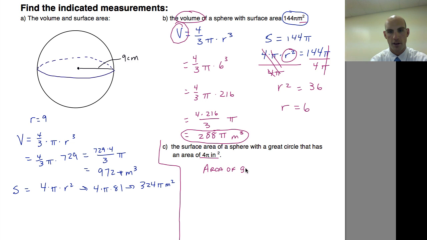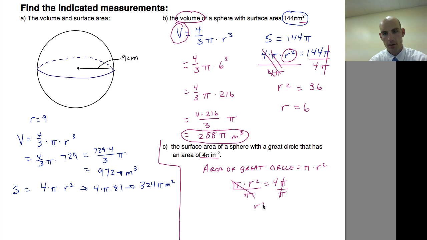Area of great circle equals pi times radius squared, because it's just a circle. So pi times radius squared is equal to 4 pi. And I think you'll see what happens here pretty quickly. Radius squared equals 4, which means radius equals 2.